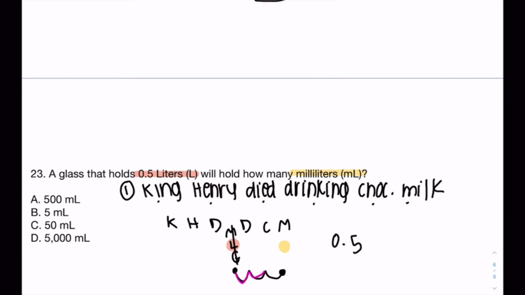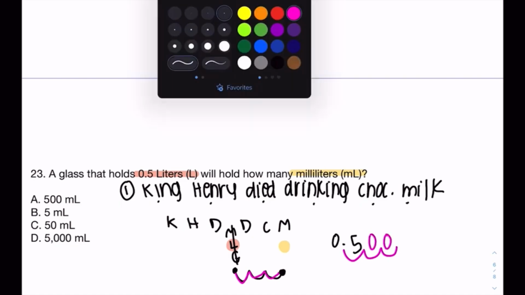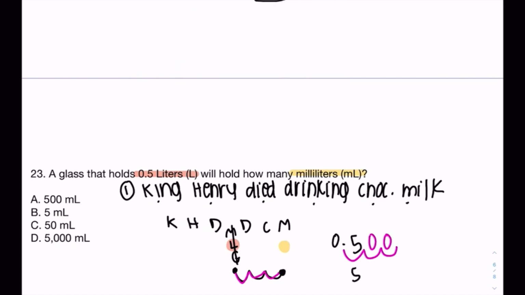So 1, 2, 3. And just fill in the rest with zeros. So that is going to equal 500 milliliters for 0.5 liters. And there's your answer.